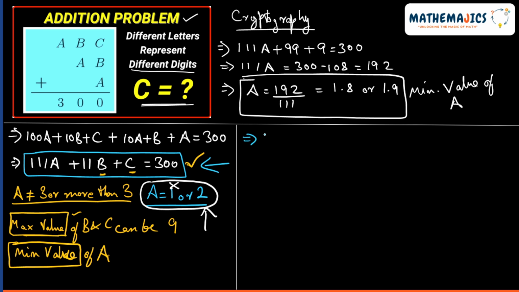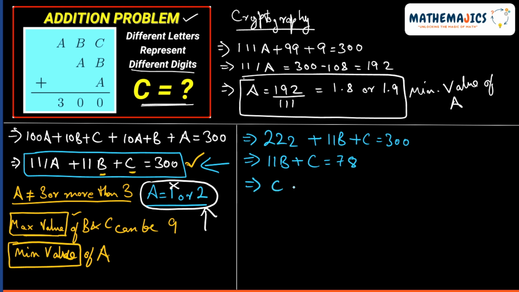We will get 222 plus 11B plus C is equal to 300. Simplifying further, 11B plus C is equal to 78. Now I can rewrite this as C is equal to 78 minus 11B.